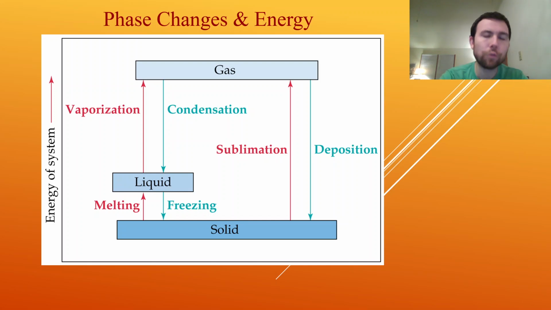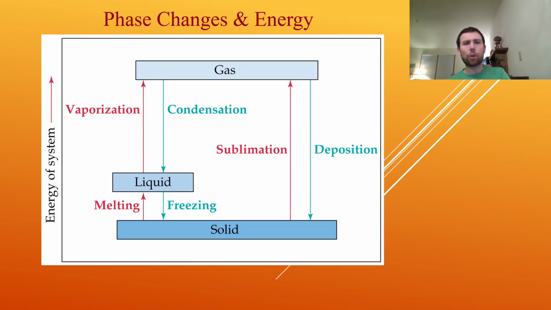So as we move up, it's telling us something about the energy of that overall substance. What you can see here is that when we compare solids, liquids, and gases, our solids have the least amount of energy, our liquids are in the middle, and then our gases are the substances that have the greatest amount of energy within their particles.